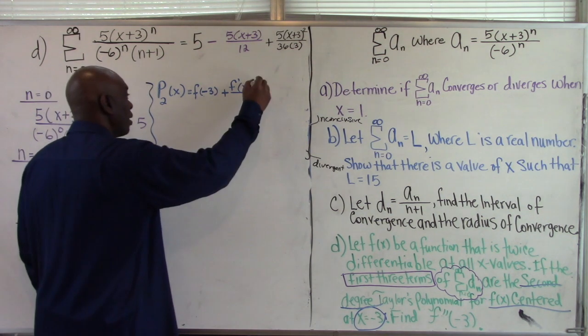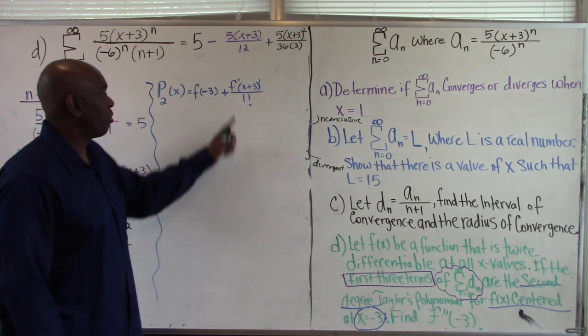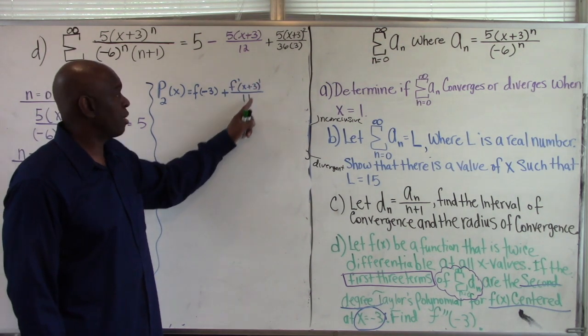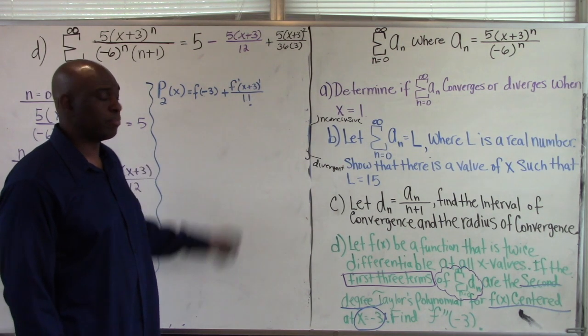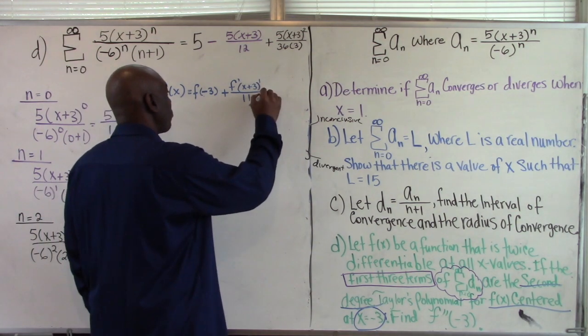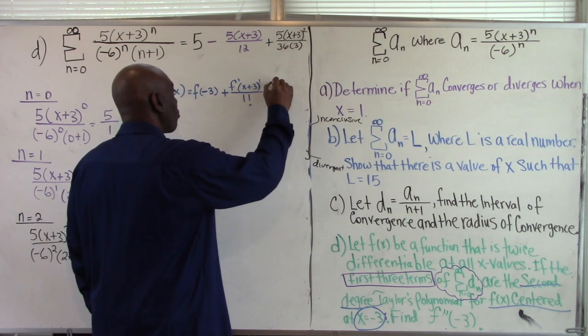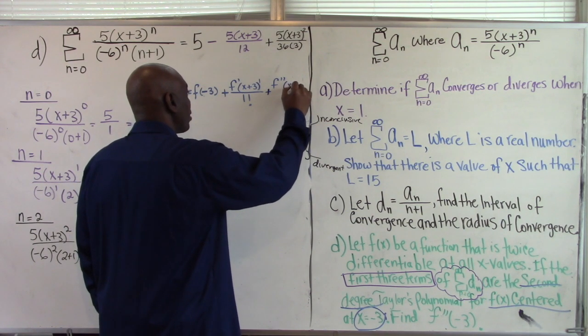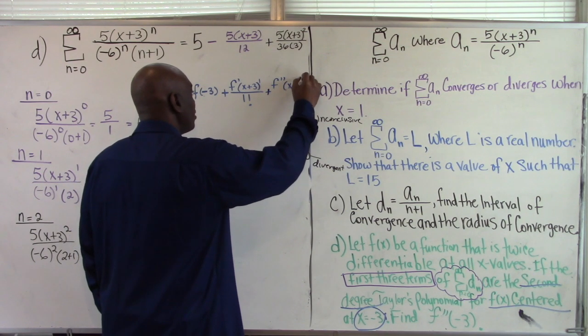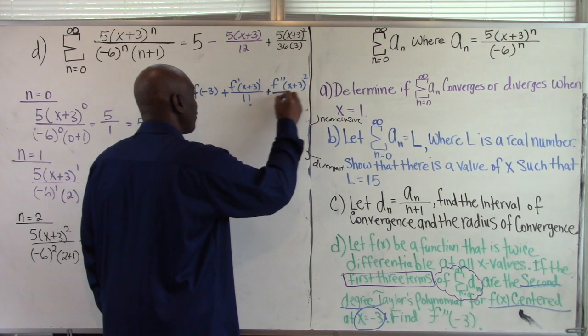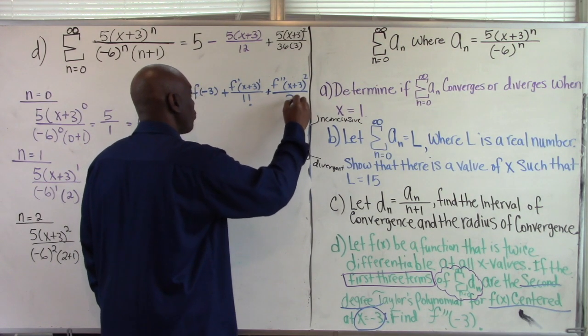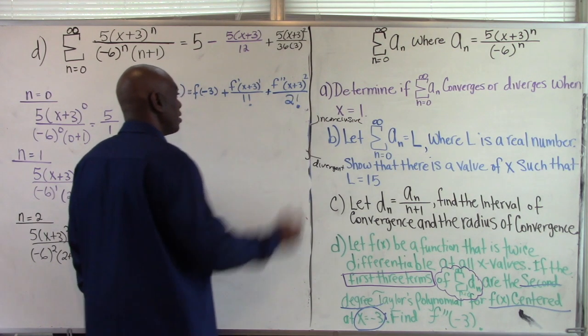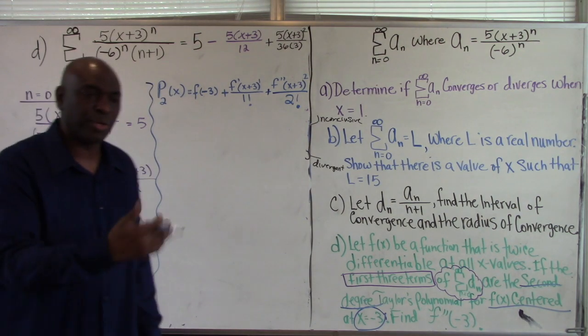Because there's a power 1. Remember now, first derivative, power 1, 1 factorial. 1, 1, 1. No problem. Plus, second derivative, f double prime of x plus 3 quantity squared, all divided by 2 factorial. Taylor's polynomial, and on and on.